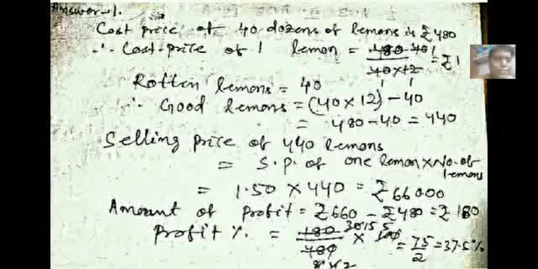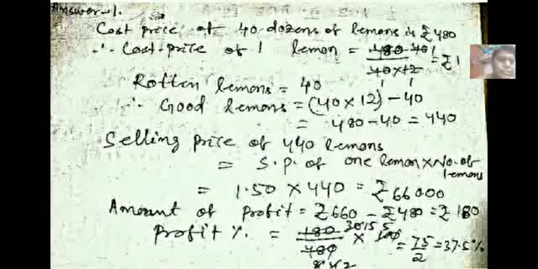What is the selling price of each lemon? Selling at 1 rupee 50 paisa, therefore the selling price of 440 lemons is the selling price of one lemon into the number of lemons. So 1 rupee 50 paisa into 440 is equal to 660 rupees. The amount of profit is selling price minus cost price.